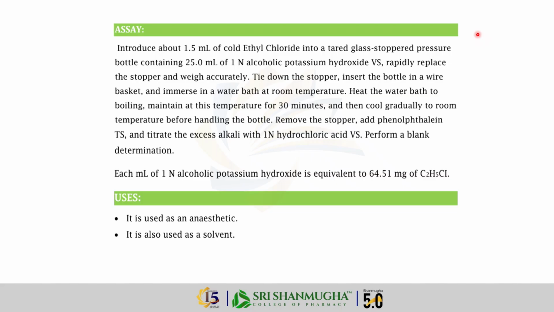Gradually heat until boiling and maintain it for 30 minutes. After heating, allow the bottle to cool slowly to room temperature, then carefully remove the stopper, add phenolphthalein indicator solution, and titrate the excess alkali using 1N hydrochloric acid solution. Also perform a blank determination for accuracy. Each ml of 1N alcoholic potassium hydroxide solution corresponds to 64.51 milligrams of ethyl chloride.